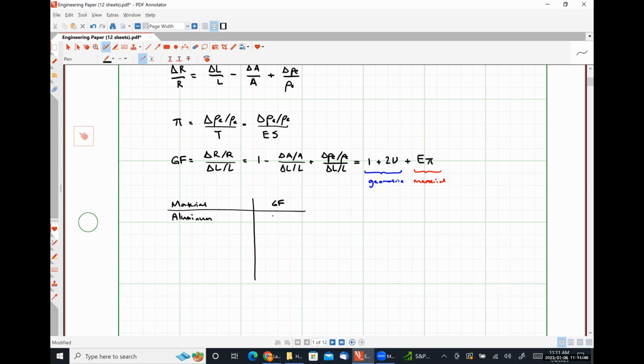So aluminum has a gauge factor of 1.4, meaning effectively that any piezo resistive effects are due to geometrical changes predominantly. Copper has a gauge factor of 2.1. So also, we're assuming here that the predominant effect is geometric in nature.